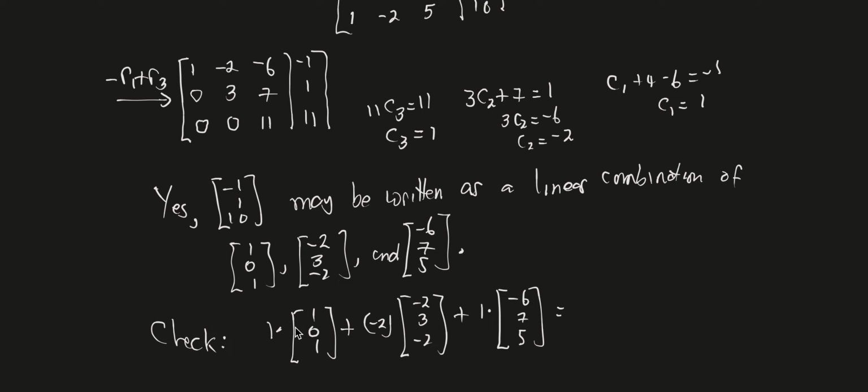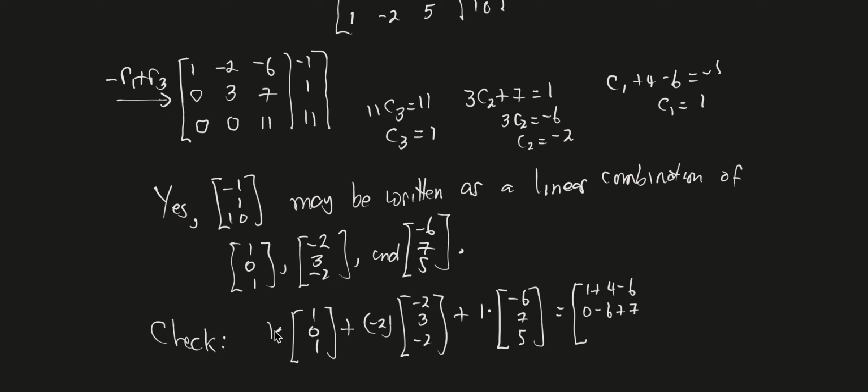So let's see. In the first component, we have 1 plus 4 minus 6. The middle component, we have 0 minus 6 plus 7.